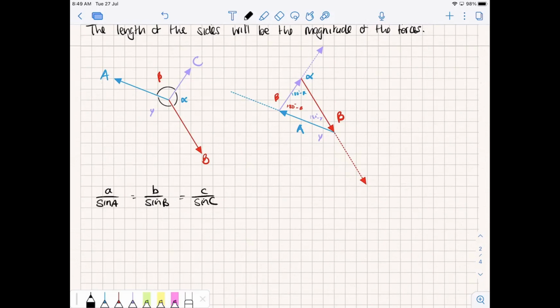Okay, let's look at our triangle. The side length for our triangle is the size of that vector, which is just its magnitude, and it just happens to be A in my example. The angle across from A we've worked out as 180 degrees minus alpha.